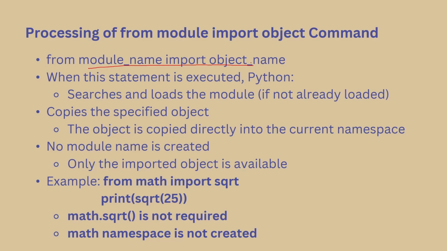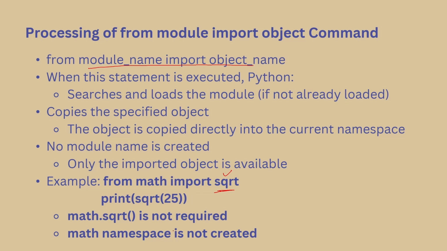So when we say from math import square root, we are importing this square root from the module. Only this square root object will be copied into the namespace. So we'll say print square root of 25. We are not saying math dot square root, we are only saying square root because we are only copying this particular object. So here the dot operator is not required. Math dot square root is not required.